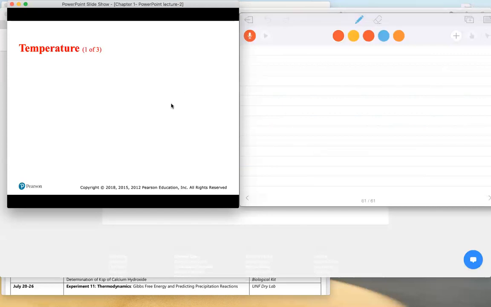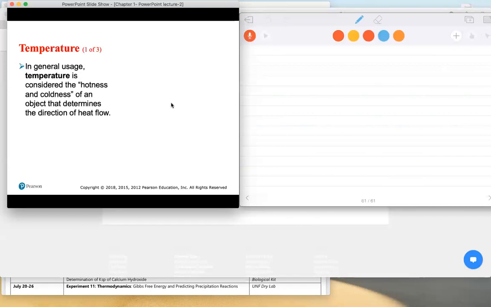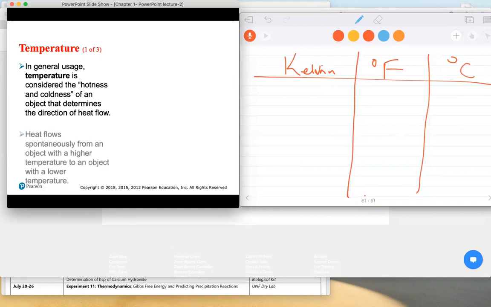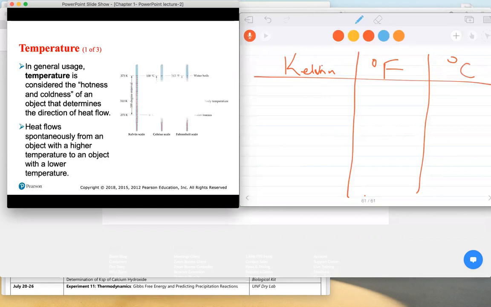There are three units which I want you to know as far as temperature is concerned. These are the three units of measuring temperature: there is Kelvin, K for Kelvin, and then there are degrees Fahrenheit and degrees Celsius.